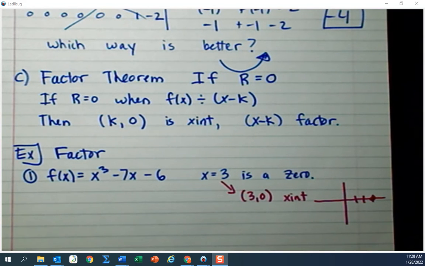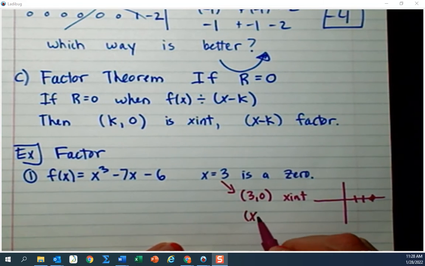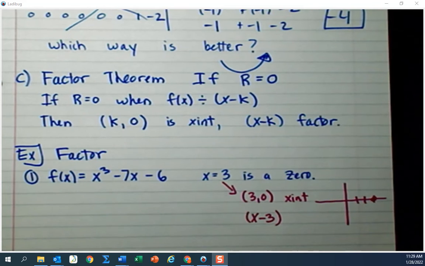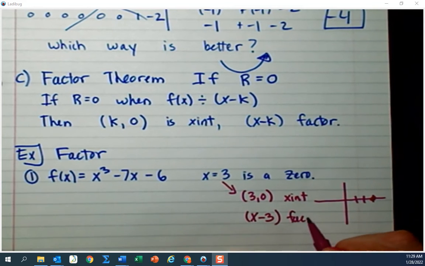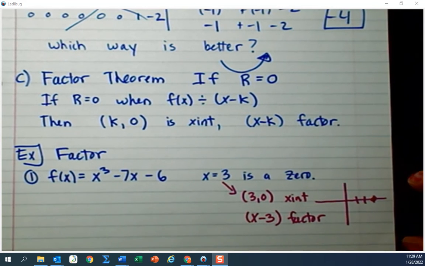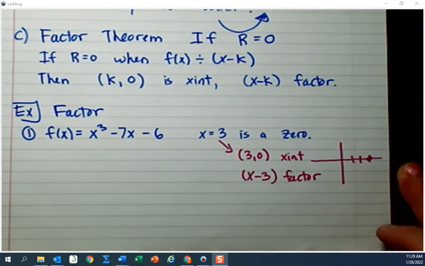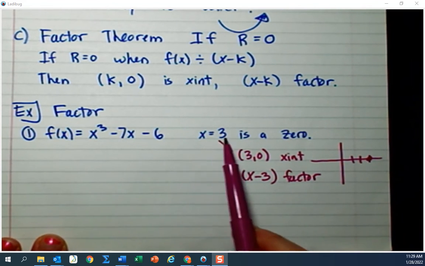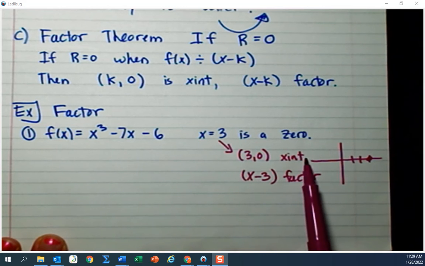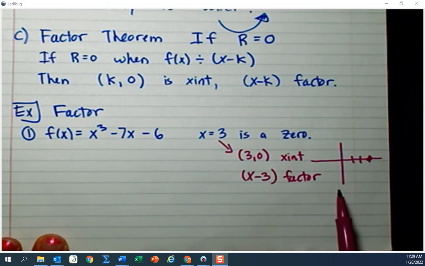If that's a point on the graph, what is the factor supposed to be that goes with it? X minus 3 is a factor. This is like a connection to 5.1, like the graphing, zeros, factors, they all go together. I just told you x equals 3 is a 0, so you know this is an x-intercept, so you know this is the factor.